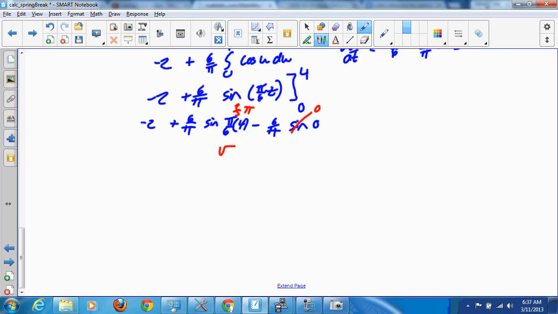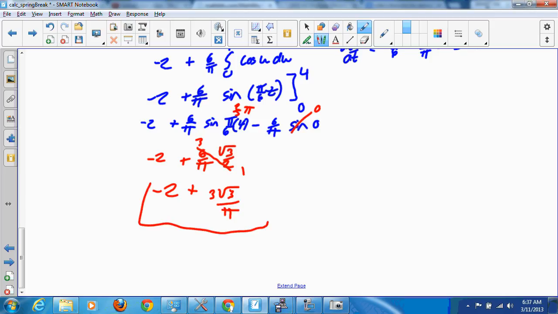So we have square root of 3 over 2 times 6 over pi plus a negative 2. Cleaning this up, 6 and 2 reduces to 3 and 1. So we have 3 square roots of 3 over pi. And I suppose we could probably stop right there. Should get our points for that.